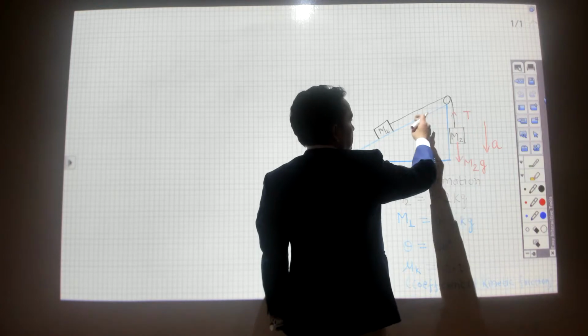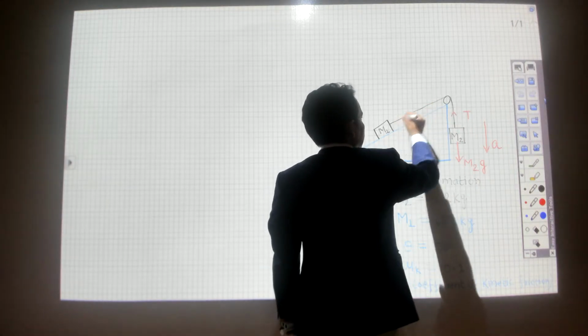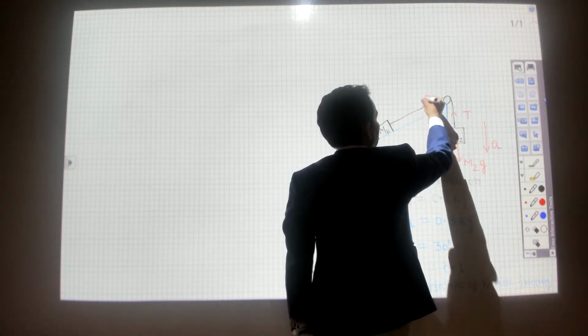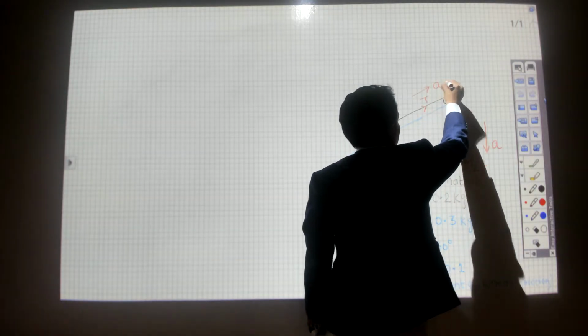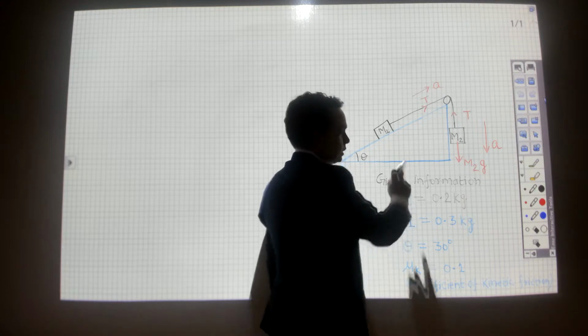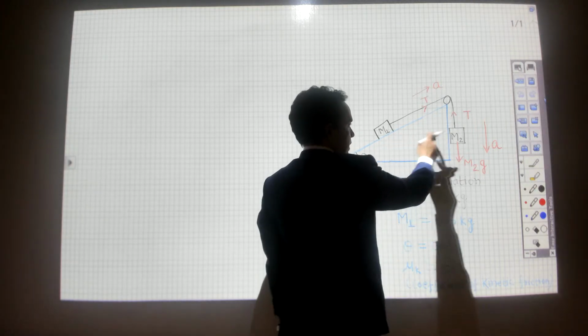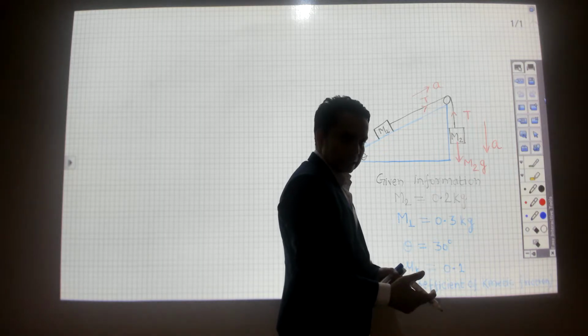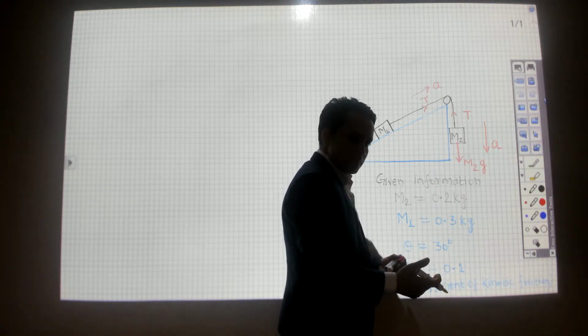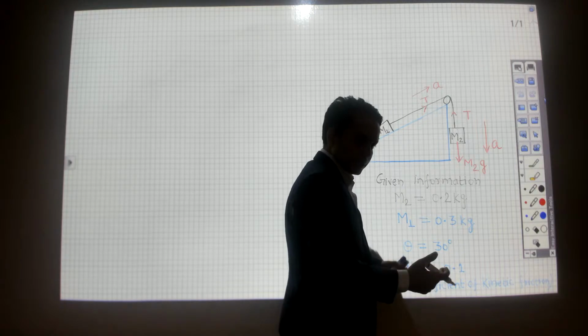As these two masses are connected by the same string, they will have the same acceleration and the same tension.